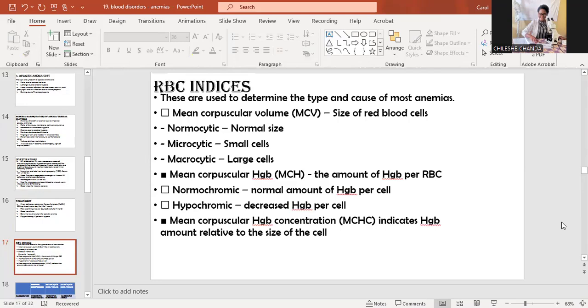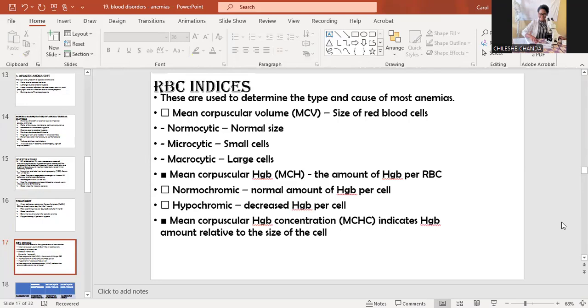When they say mean corpuscular HB, or mean corpuscular HGB, that is the amount of hemoglobin in one red blood cell. Okay, so in some anemias, the red blood cells are normal in size.